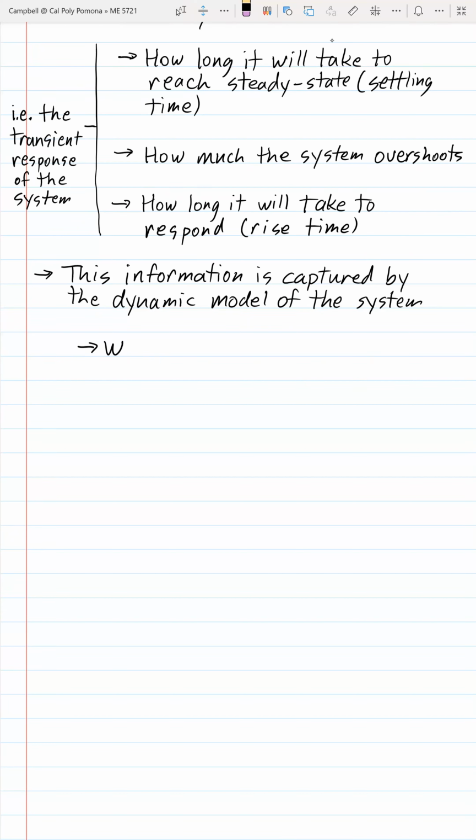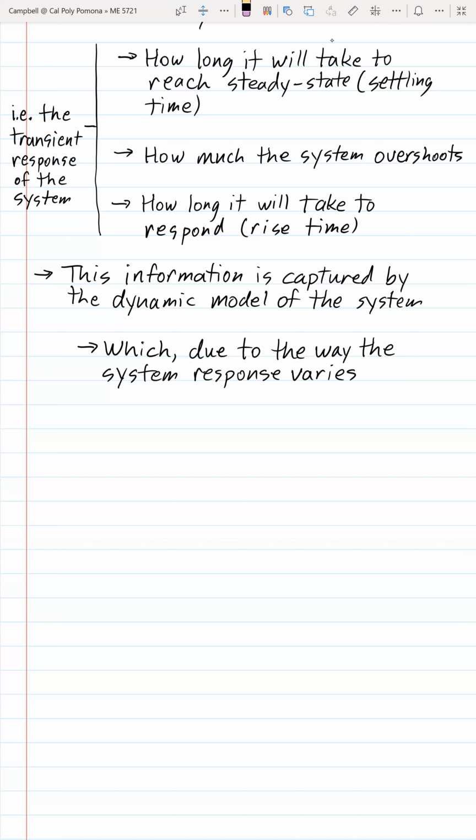So if we are interested, of course, when we're talking about this dynamic model of how things are changing in time, so here I'll just say it this way: due to the way the system response varies, specifically in time for most of what we do.